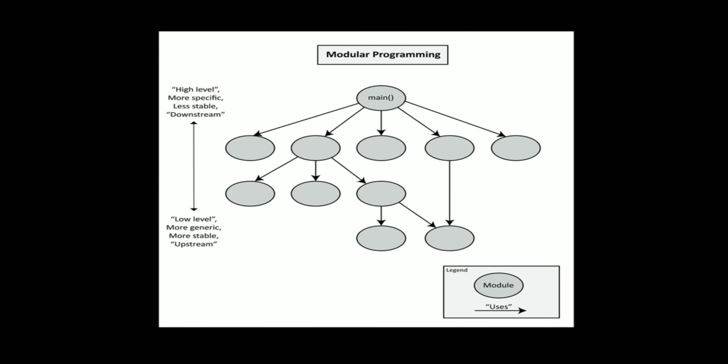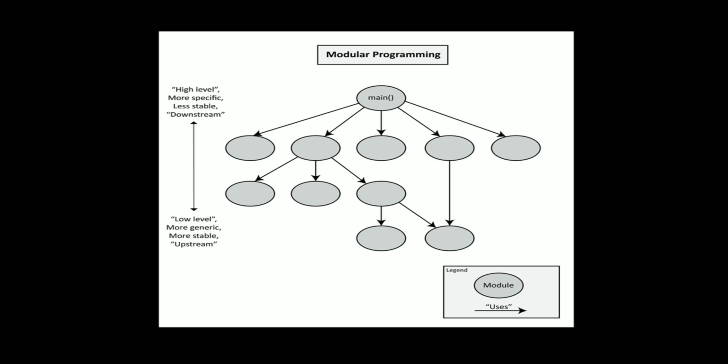See students, here is the diagram of modular programming. The main function is divided into sub functions, and those sub functions are again divided into further sub functions. The main function can be divided into 4 or 5 sub functions, in a systematic way.